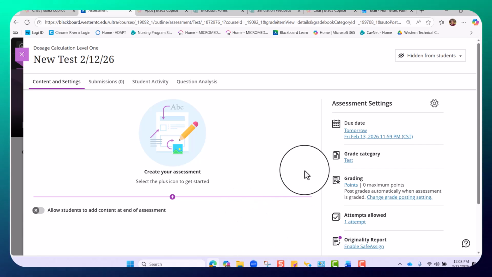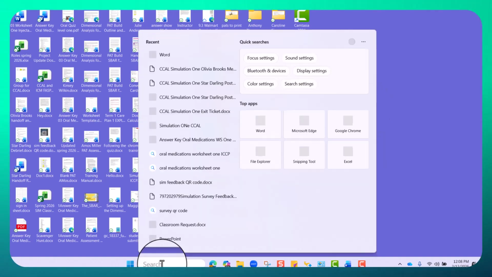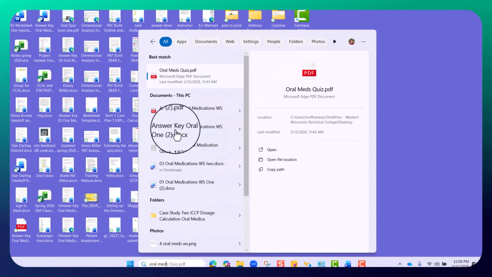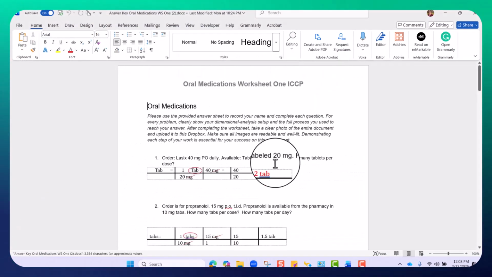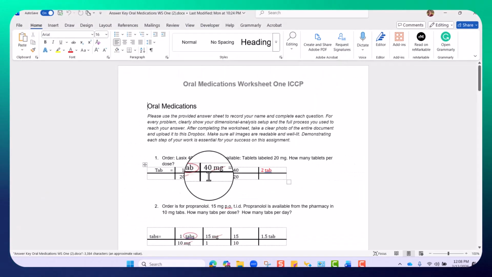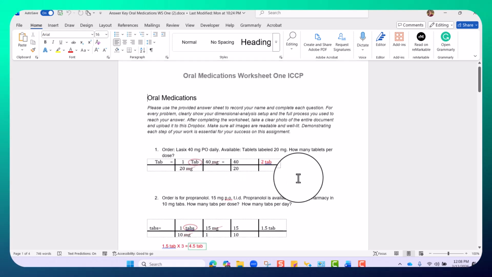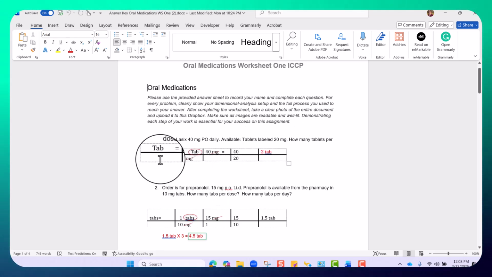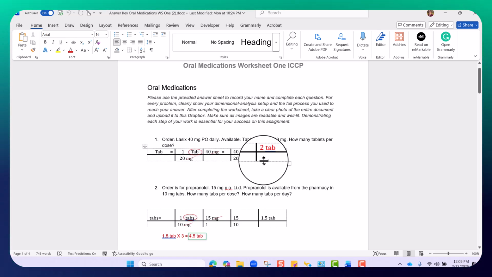I will show you while I'm here. Let me pull up an answer key. Okay, so this is an answer key that shows the T-bar that the students have, which is blank on their sheet, and then they have to read their question, decode it, and then put everything into the correct box and solve for it.